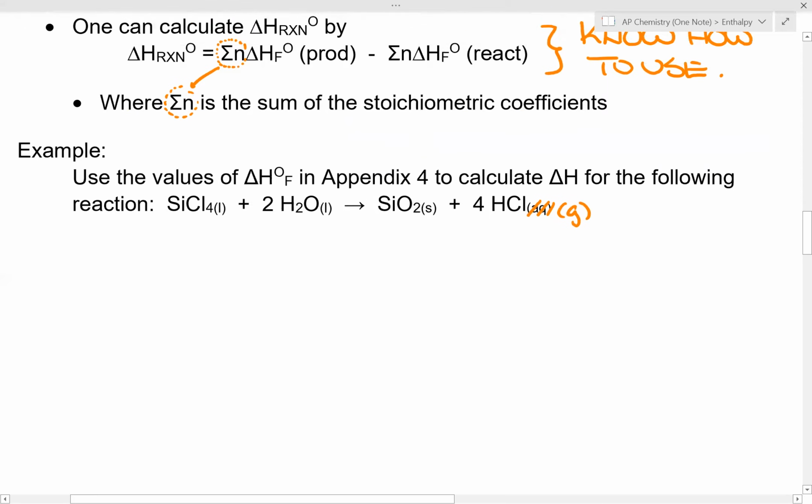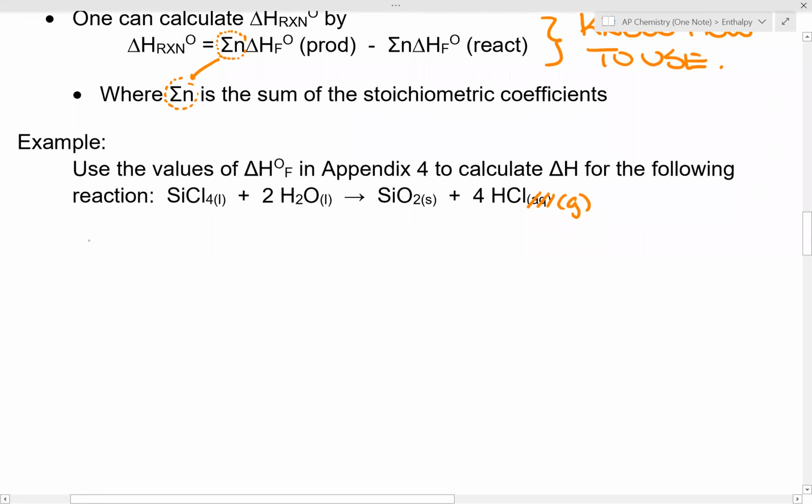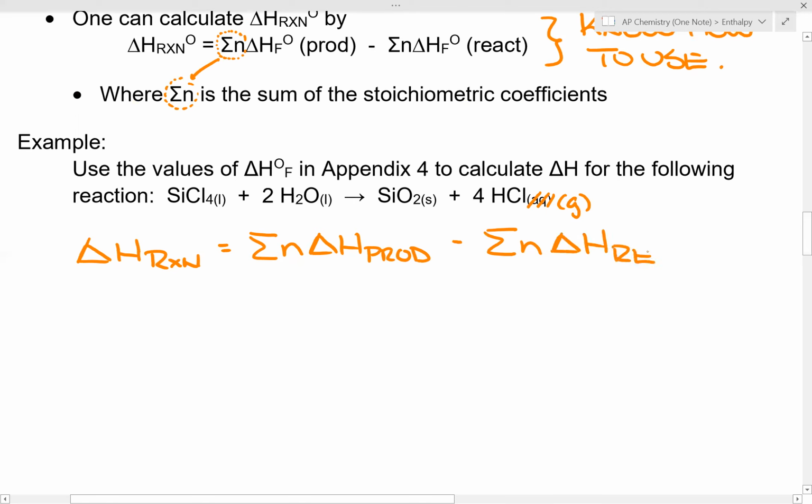Now, how do we calculate delta H? We take delta H of the reaction is equal to the sum of delta H of the products minus the sum of all the delta H's of the reactants.